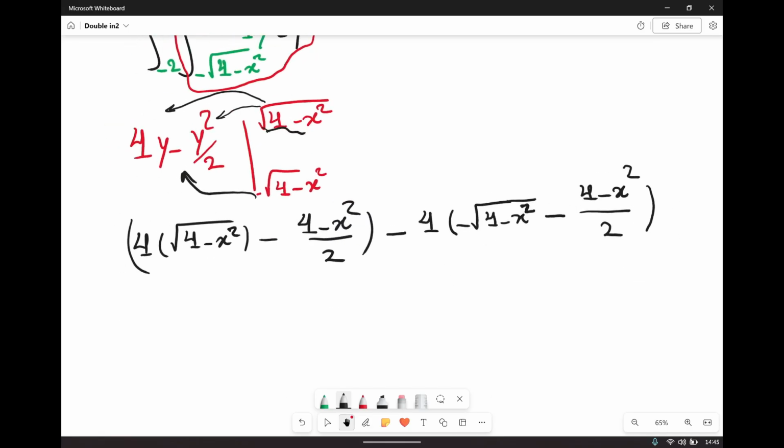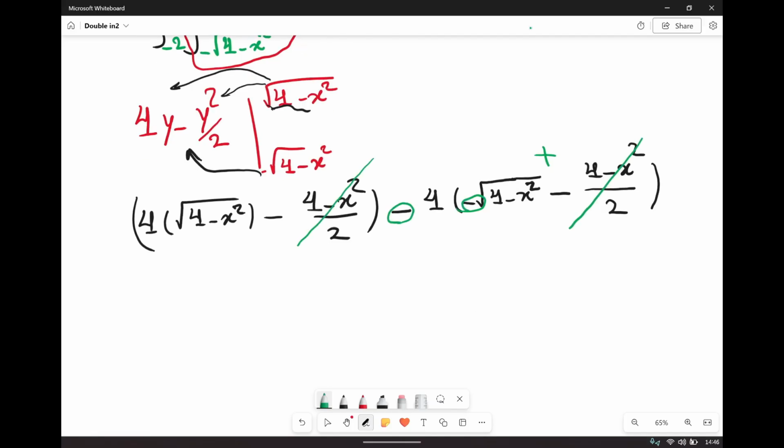But let's go to simplification. Minus and minus is positive, therefore this part and this part cancel. Minus and minus is also positive, for radical 4 minus x squared over 2. 4 and 4 is 8 radical 4 minus x squared.